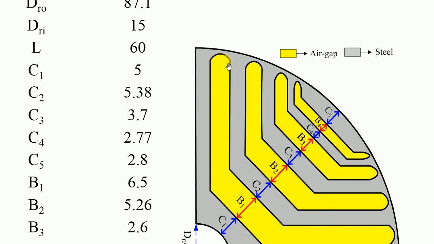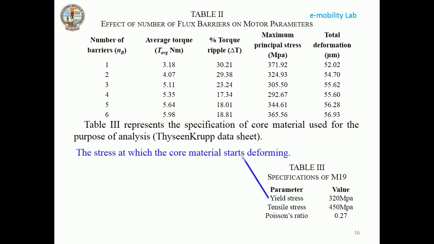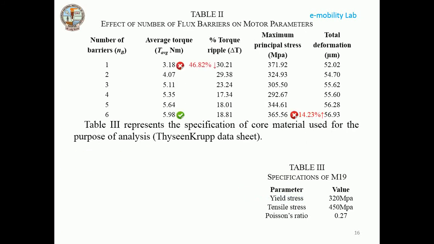Now coming to the discussion, what is going to happen when you increase this width? When you increase this width, the q axis flux lines will be more intense in the rib area. So the flux linkage in the q axis is increasing. That means you have a higher inductance in the q axis.